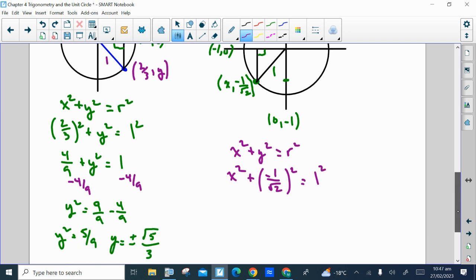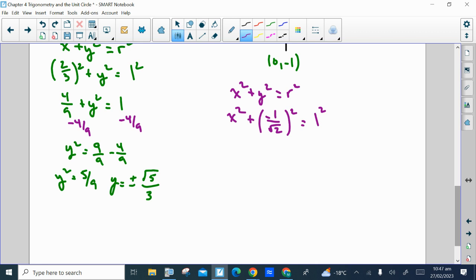Again, because this is a unit circle, the radius is 1. So when you square negative 1, you're going to get positive 1. When you square root 2, you're going to get 2. Again, we would subtract a half from both sides to get x squared by itself. And 1 take away a half is a half.